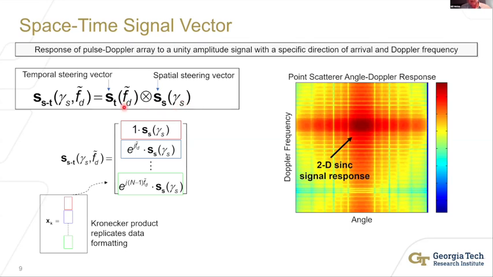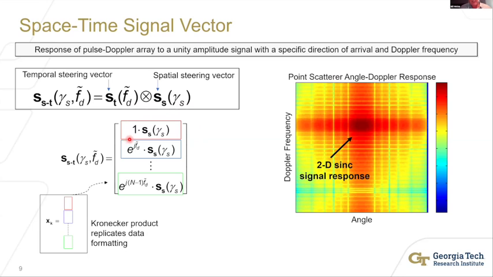This vector right here is of length N, and it's known as the temporal or Doppler steering vector, and it describes the phase progression from pulse to pulse due to the radial motion of the target relative to the radar. And so the stacking of these two vectors together gives us this response here, which is known as, I already said, the space-time signal vector.